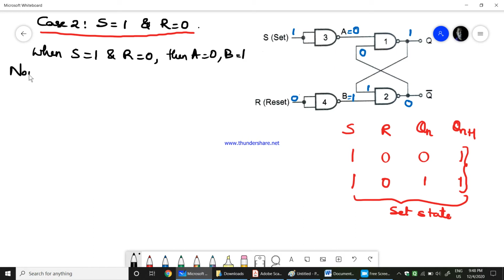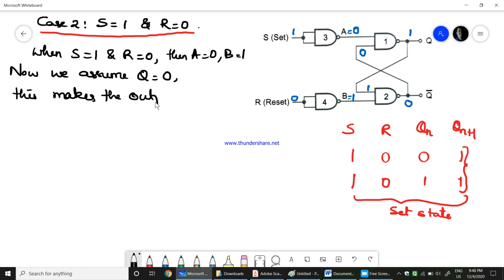Now we assume Q to be equal to 0. So this makes the output of NAND gate 2, which is Q bar, equal to 0.